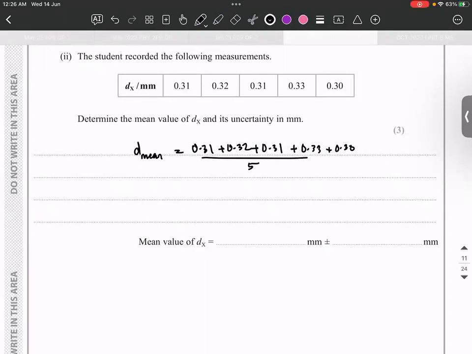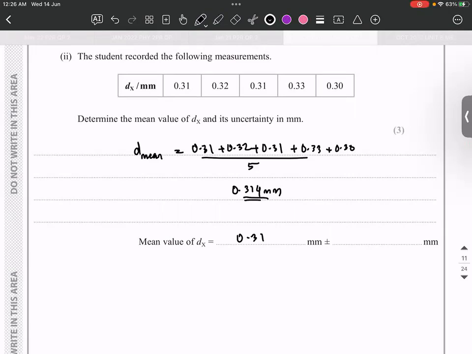Since 5 observations are there, we divide it by 5. So if you divide it by 5, we will get 0.314 mm. And if you round to two significant figures, it is 0.31 mm.